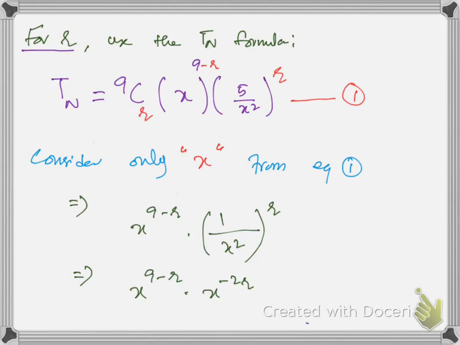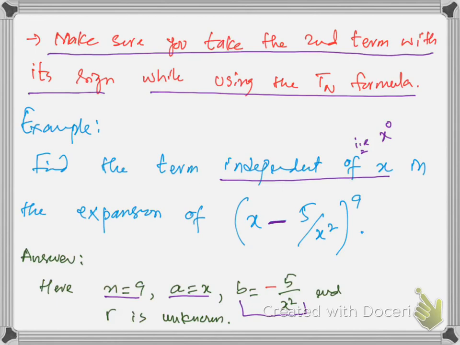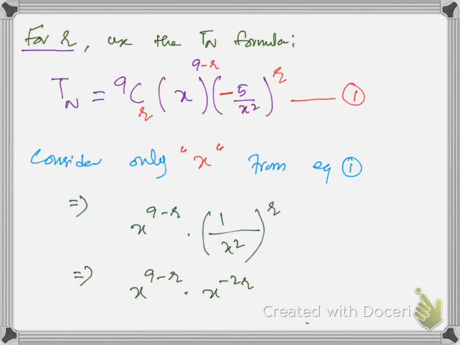We just need to substitute everything in the Tn formula for n, a, b. Make sure this is negative. So when you substitute everything in this formula except r, just call this equation number 1.